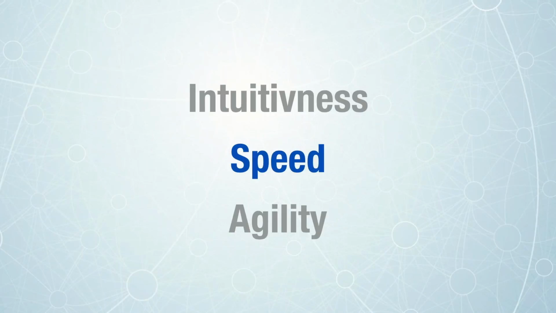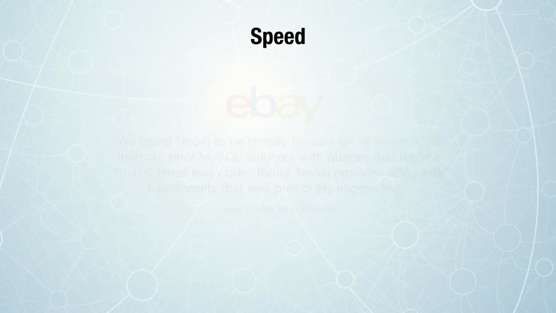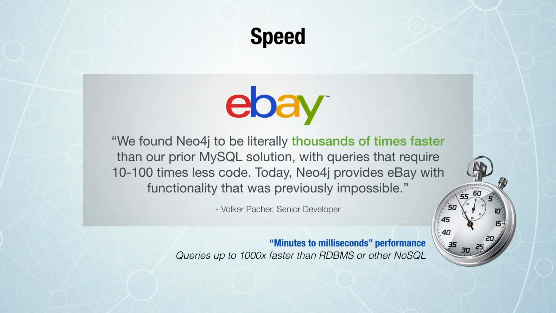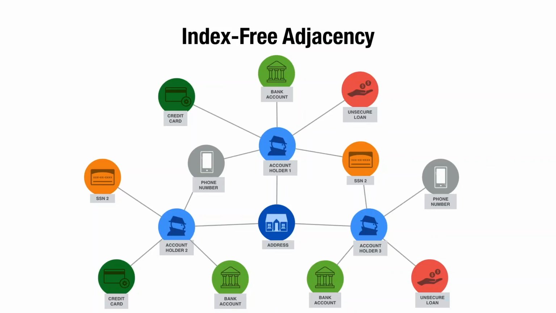So from a performance perspective, I already shared this quote with you, but we have many customers who use us primarily because it's a lot faster for them to run their queries due to that property called index-free adjacency.